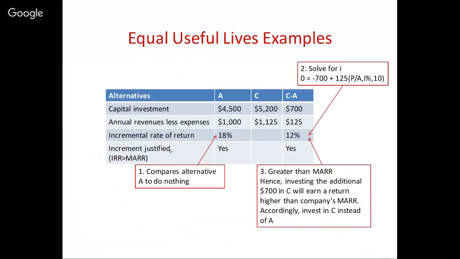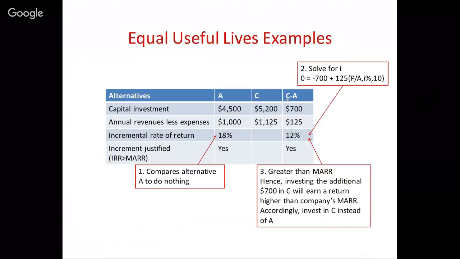So is the increment justified? I put a yes down here just to signify that it is justified over do nothing. A is better than do nothing. Now, here are our cash flows for C, our original capital investment, and the annual revenues less expenses.